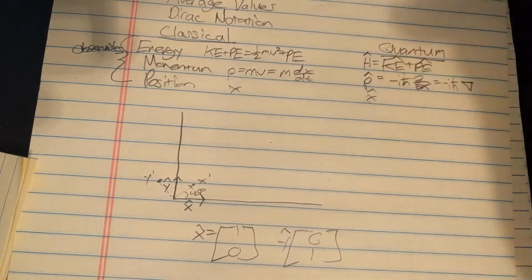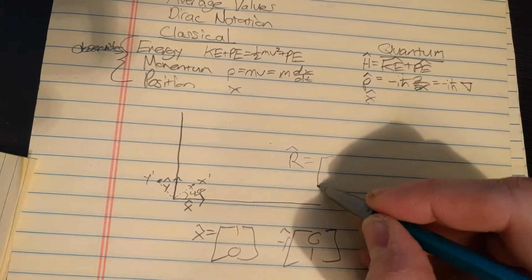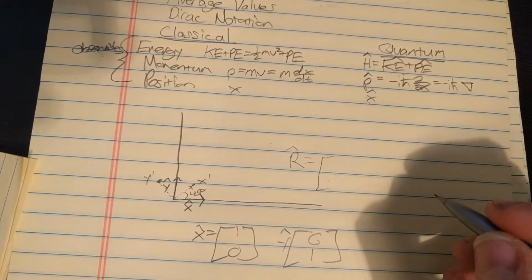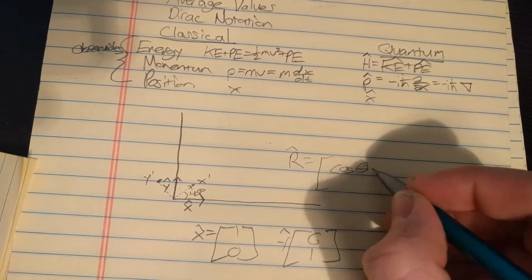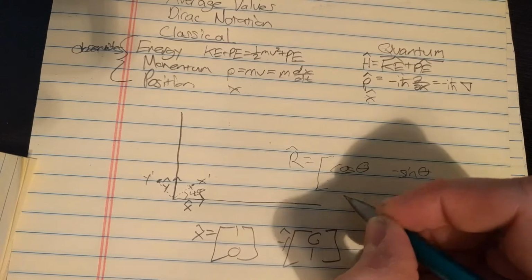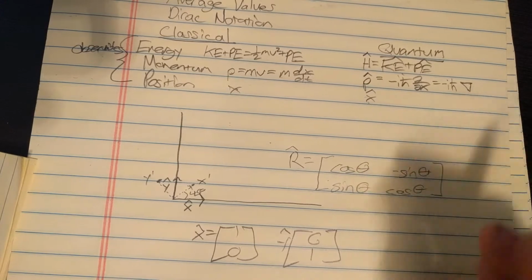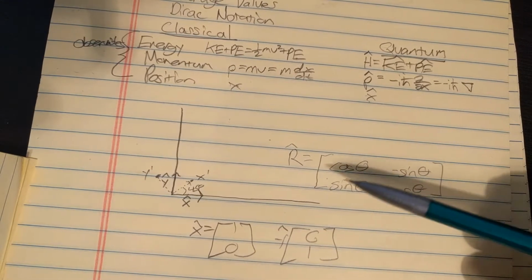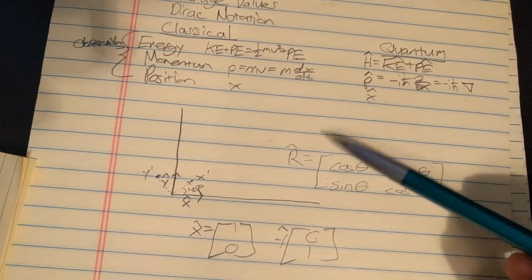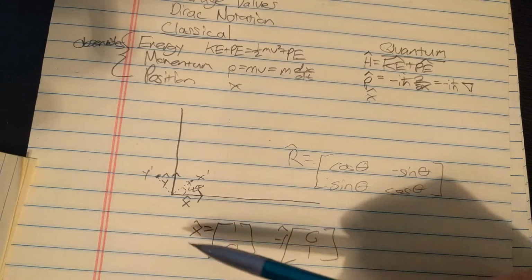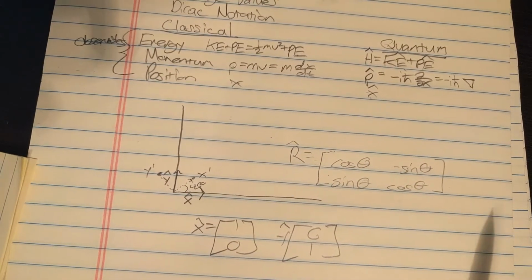If you remember back to your linear algebra, the rotation operator can be written down as a matrix. The matrix elements are cosine theta, negative sine theta, sine theta, and cosine theta. So what you're doing when you're rotating your whole coordinate system is operating on each and every vector in your space with this rotation operator.